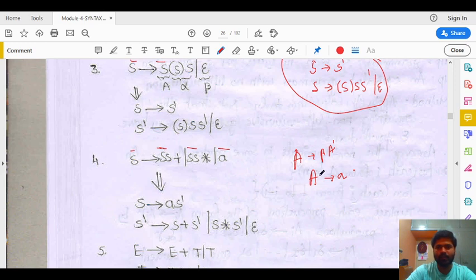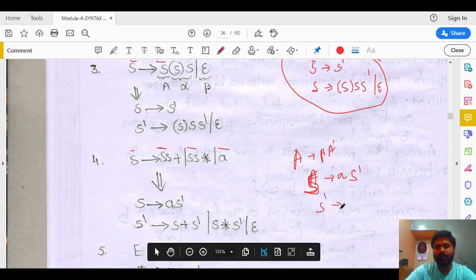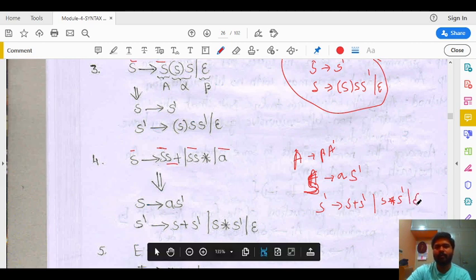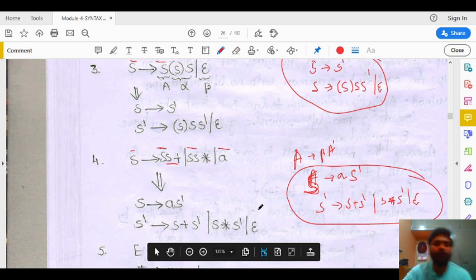Sorry, S is the term which I am looking for. So this is S. S tends to A S dash, and S dash tends to what is my alpha? My alpha is S plus, so S plus S dash. Similarly, alpha 2 is S star, and ultimately epsilon. So this is my grammar which is free from left recursion.